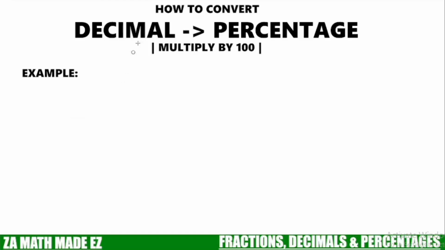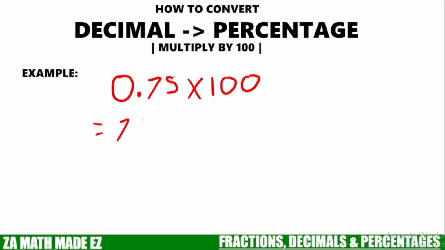Okay, now how to convert a decimal into a percentage. You multiply by 100. For example, let's take 0.75. You times 0.75 by 100. What did that give you? 75.